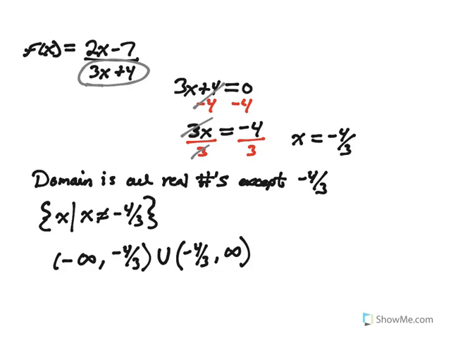Now I want to talk about the other type of function, which is radical functions. So radical functions are going to have the square root sign.